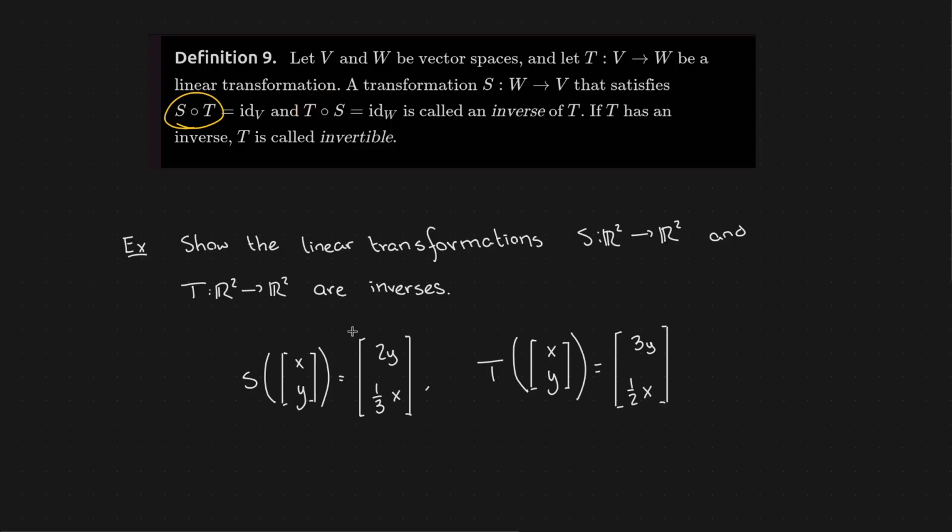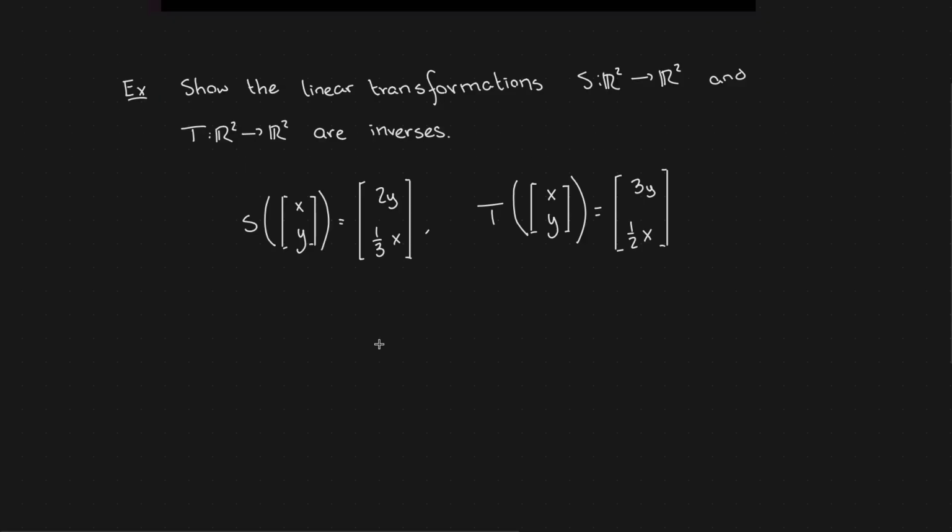They need to take us back to what we plugged in, what the original input is. So I need to check both ways. First, I'm going to check S compose T of XY. If these are inverses, then this should give me vector XY back. Okay, let's check.